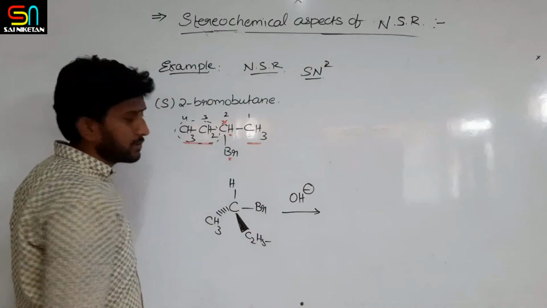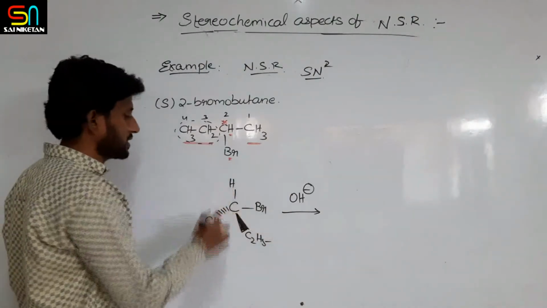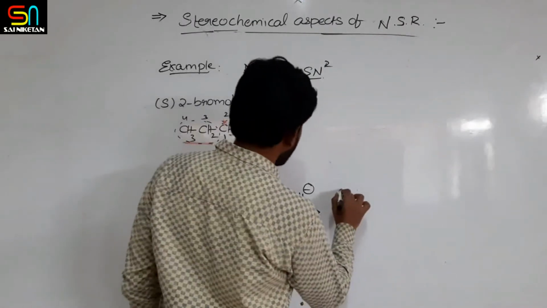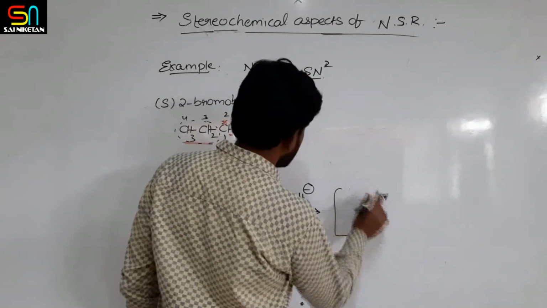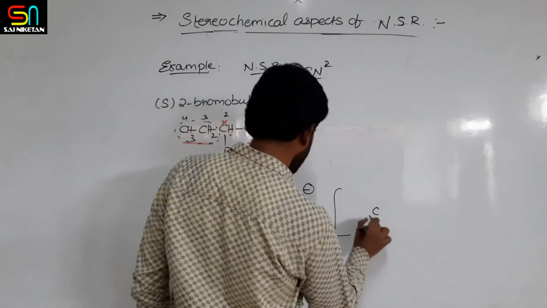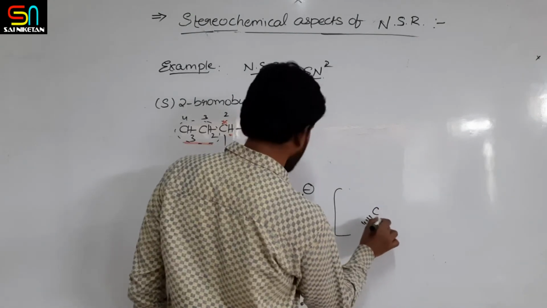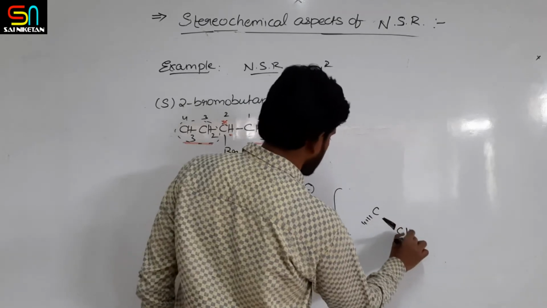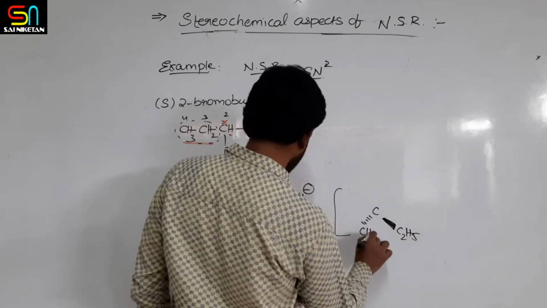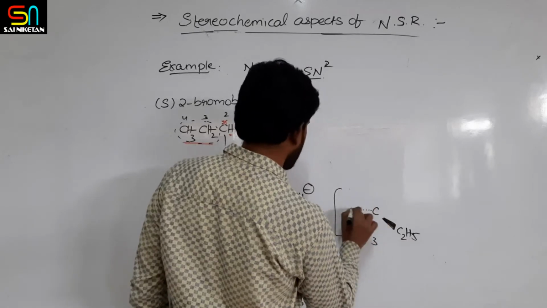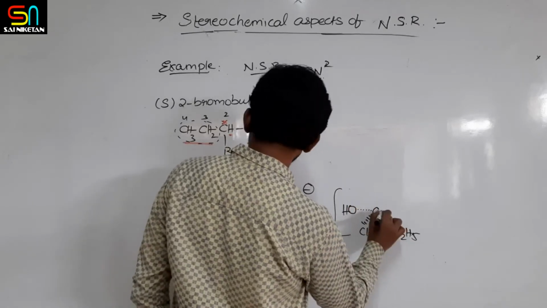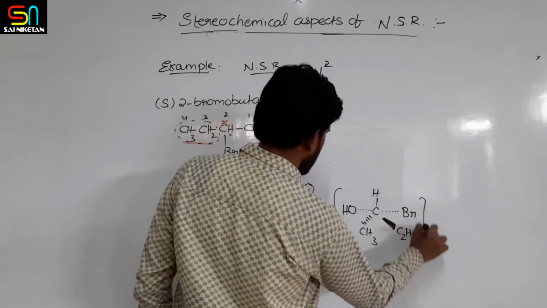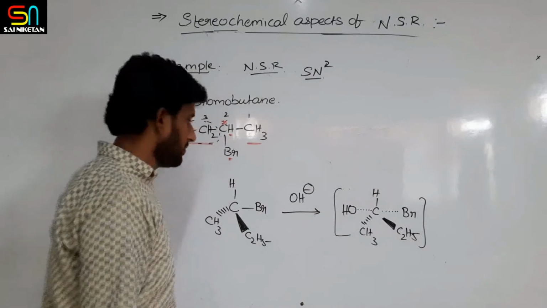If bromine is removed, OH minus can attack in this way, from the back side, and you will get the transition state here. You know that in the SN2 mechanism, a transition state is formed. In the transition state, a new bond is formed between OH and carbon, and the old bond is broken between the carbon and bromine, right?